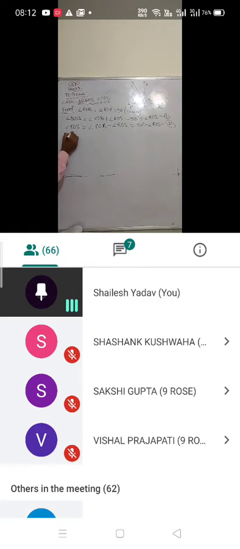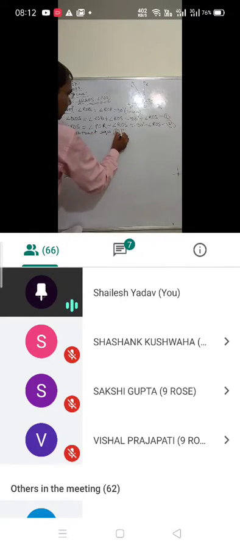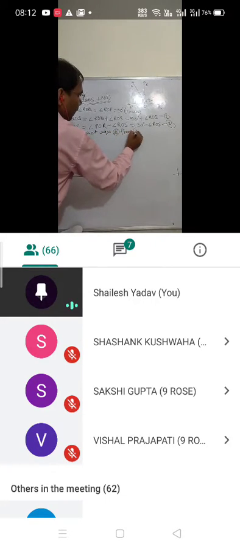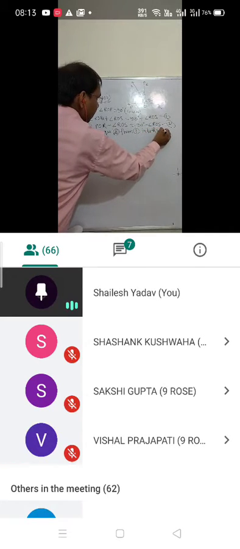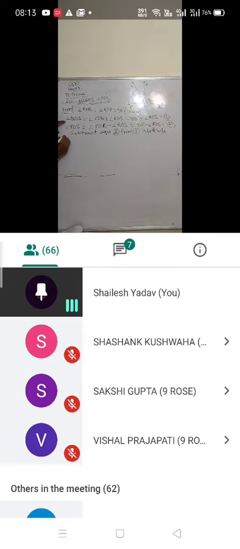So you will write: subtract equation 2 from 1 on both sides. Here you will get on the left side angle QOS minus angle POS.